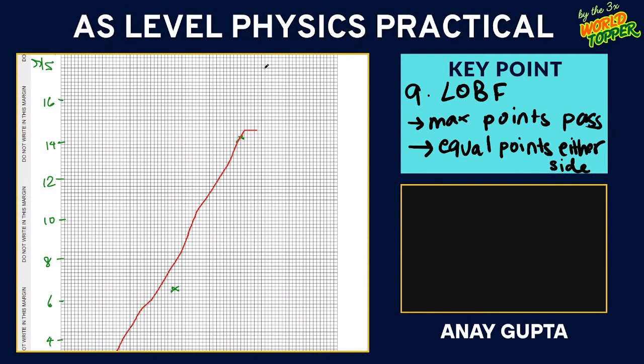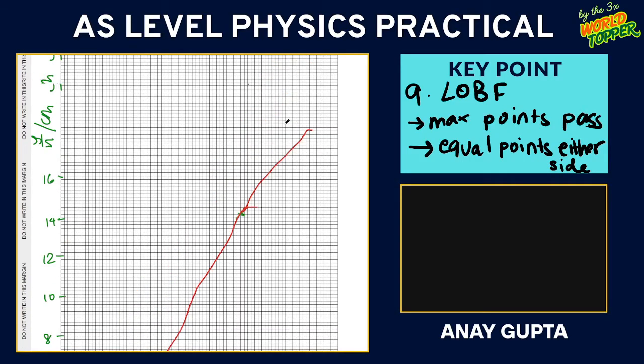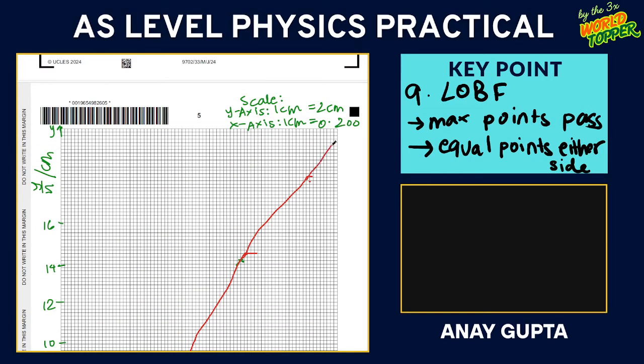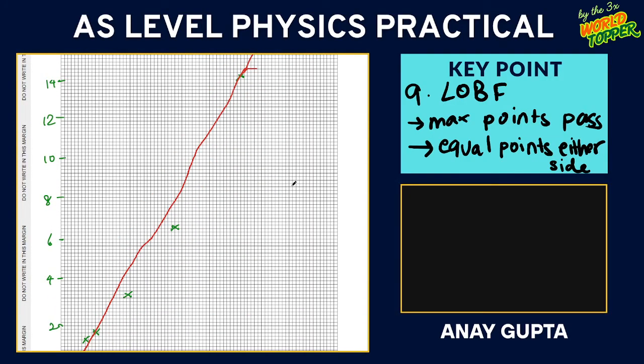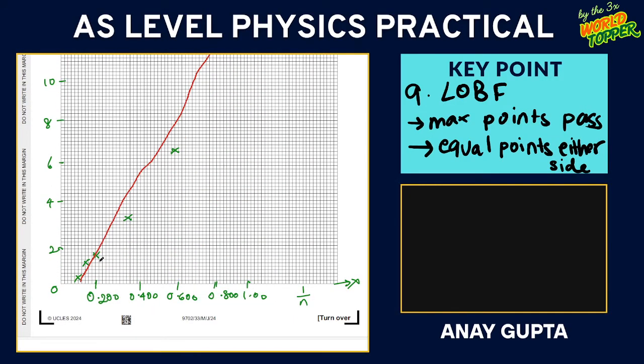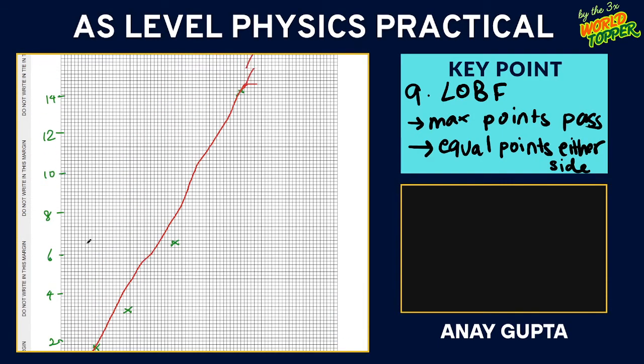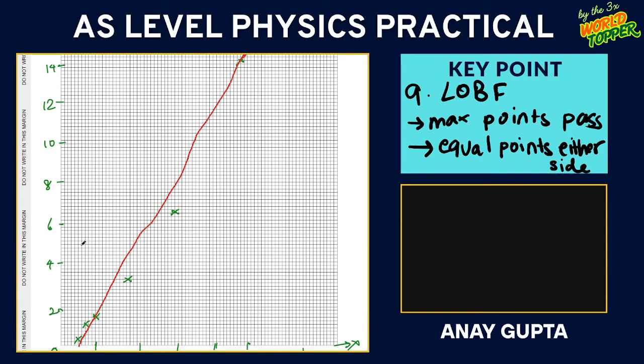I'm sorry for the horizontal bars there, but somewhat like this. This is how my line of best fit looks. It passes through the point over here and the point over here, and then 2 points to the left, 2 points to the right of the line. This is a quite well spaced out line of best fit.